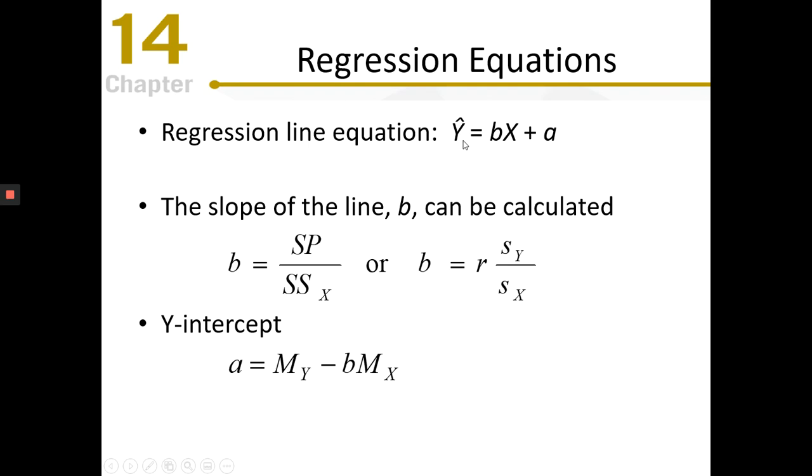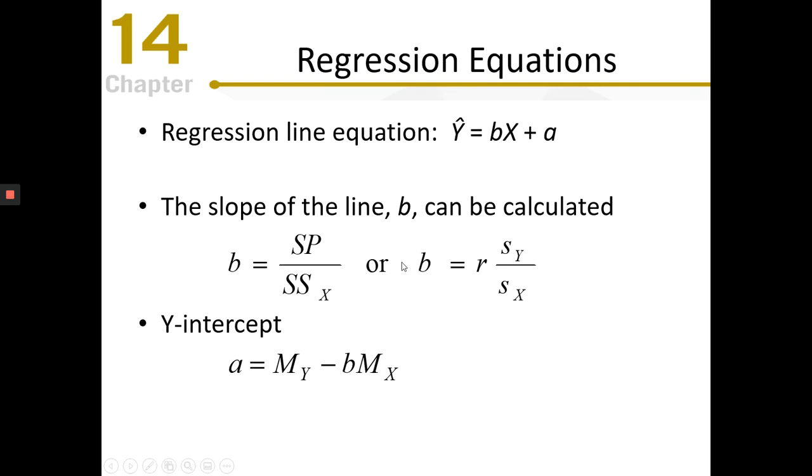Well, we can predict y if we know the slope of the line, we know the value of x for that person, and we know the y-intercept. So if we know these things, we can come up with y. We just plug in the numbers. We plug in the slope, we plug in the person's value on x, we plug in the y-intercept, and then bam, we can predict that person's score on y.